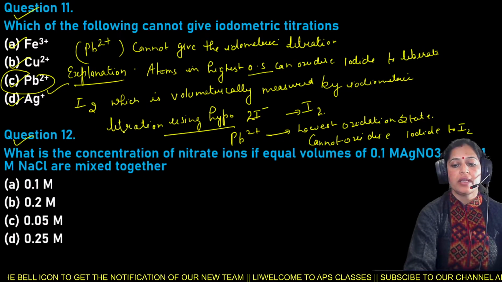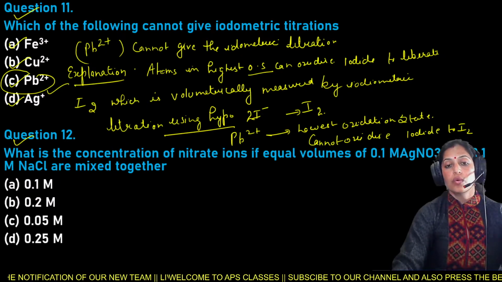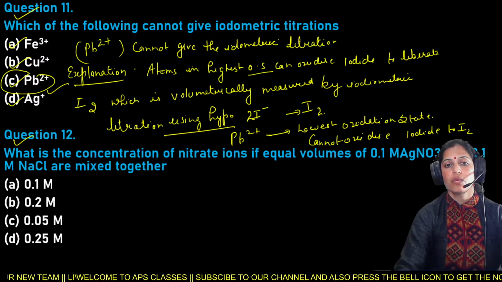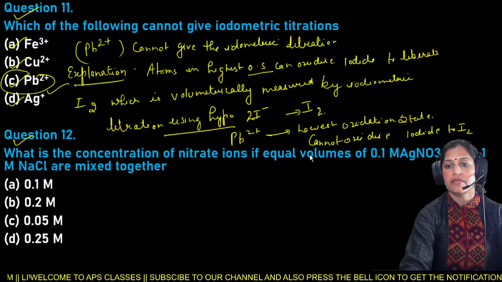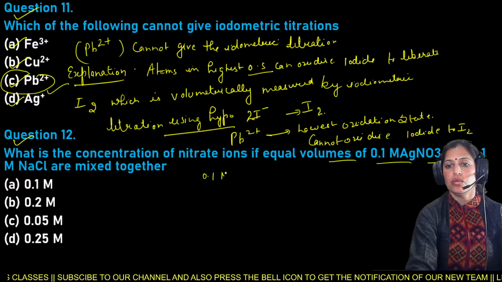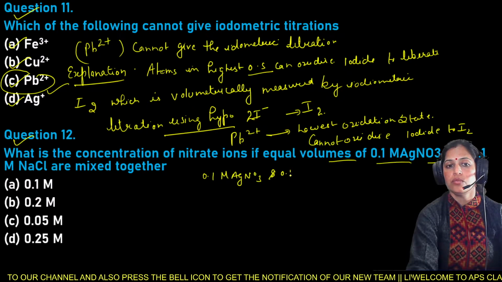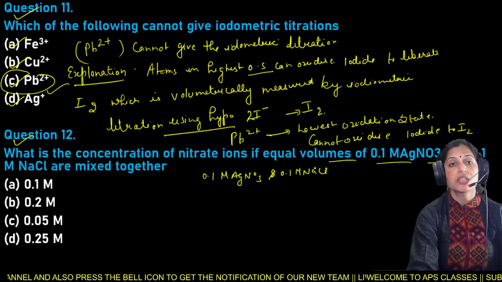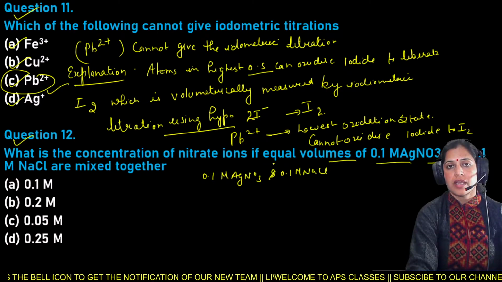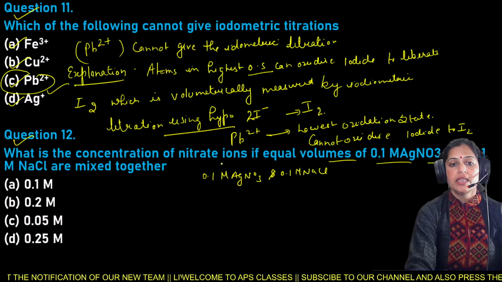Next is your question number 12. What is the concentration of the nitrate ions if equal volumes of 0.1 mole AgNO3 and 0.1 mole sodium chloride are mixed together?